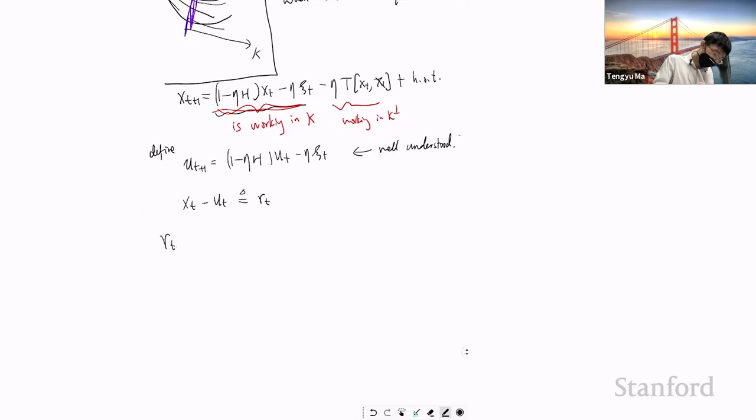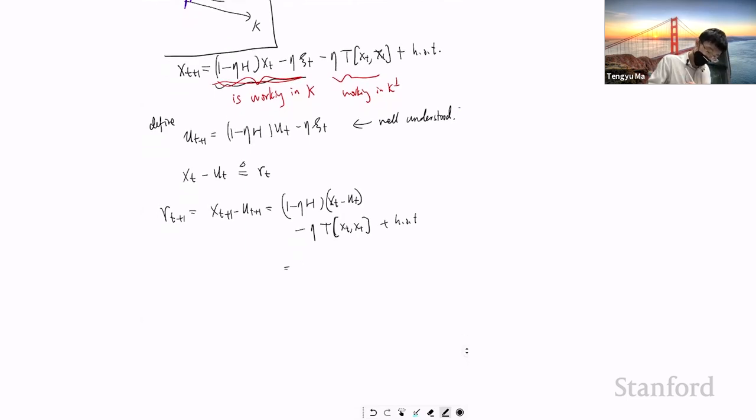And we can compute the recursion of r_t. You plug in the definition of x_{t+1} and u_{t+1}, you get (1 minus eta H)(x_t minus u_t) minus eta times the third order term at x_t, plus higher order terms.